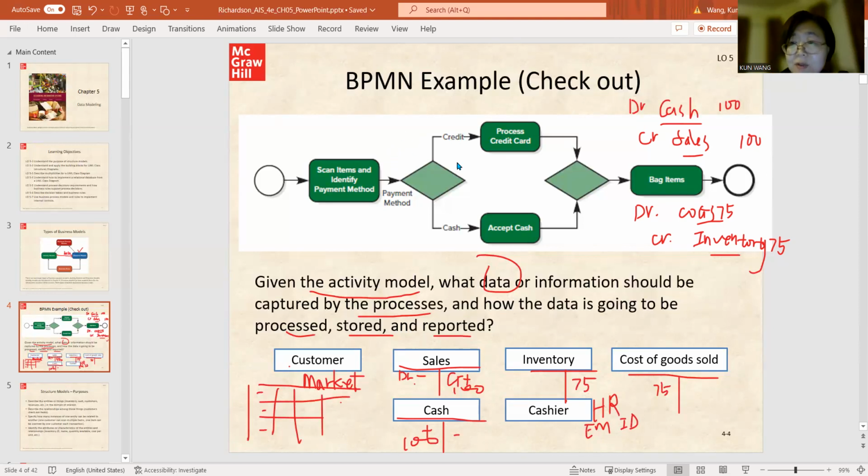If you try to develop a structure model for that activity model, we'll have more tables, more data, and more processes needed, a more real type of management. But we are starting from something simple, and that's going to be a sales example.